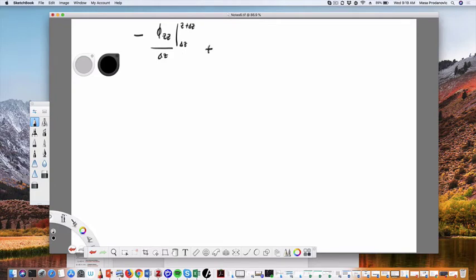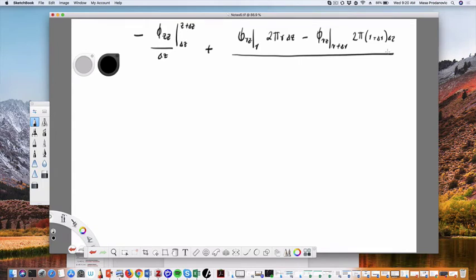Plus, then I have phi RZ evaluated at R, and that AR is 2pR delta Z, minus phi RZ at R plus delta R, 2p(R plus delta R) delta Z. And that is divided by AZ times delta Z, so I'm going to actually write out what that is.